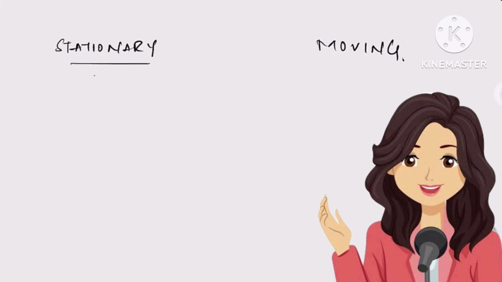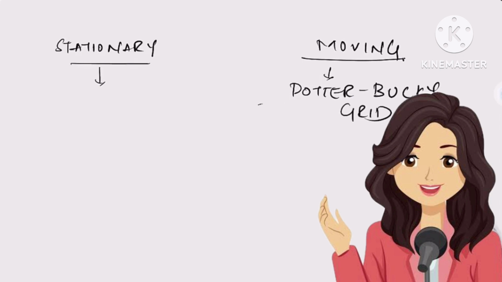The moving grid is also called the Potter Bucky grid. This is very important. Synonym: moving grid is also called Potter Bucky grid. It moves sideways.